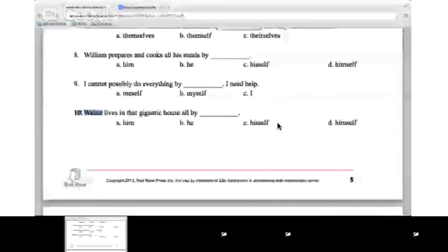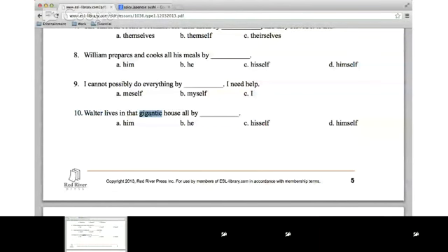Now, this word here is gigantic. Gigantic. Please repeat that. Gigantic. Good. Nice job. What does it mean? Gigantic means very, very large. Okay, so something that's very, very large. How about the word Titanic?